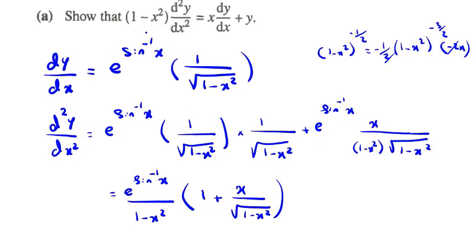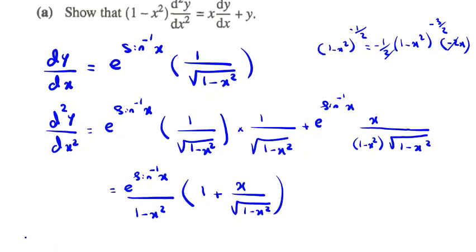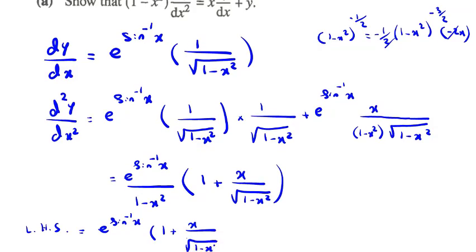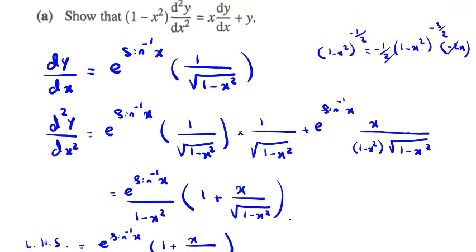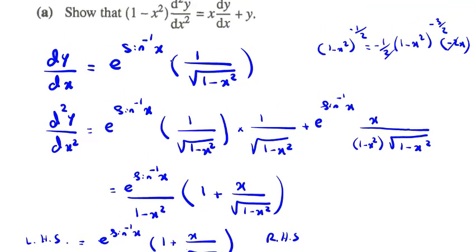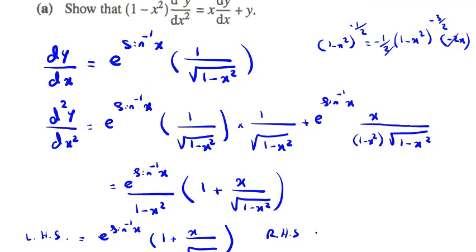Now, let's consider the first part. First, the left-hand side. The left-hand side is 1 minus x squared times this, which will be e to the power of inverse sine x times 1 plus x over root 1 minus x squared. And the right-hand side is what? x times dy over dx plus y.